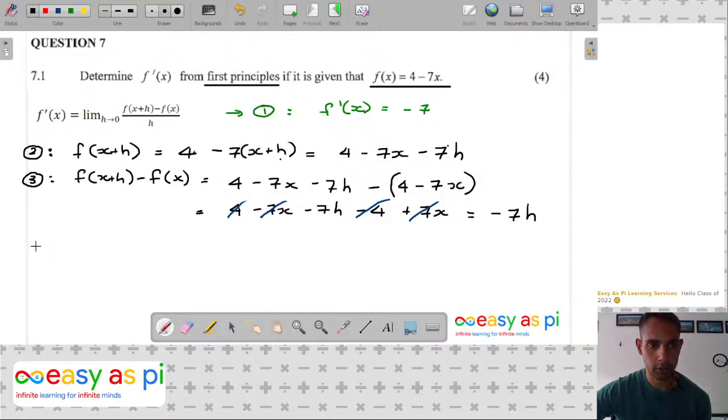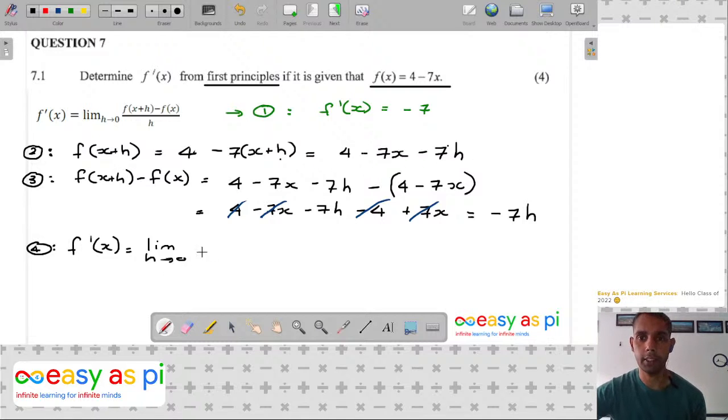Let's go to step 4. I'm going to put the definition in. So f dash of x is equal to the limit as h tends to 0 of f of x plus h minus f of x.